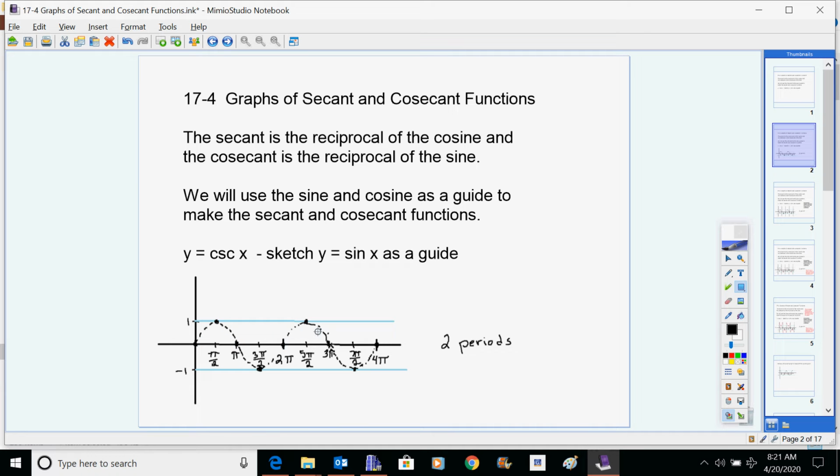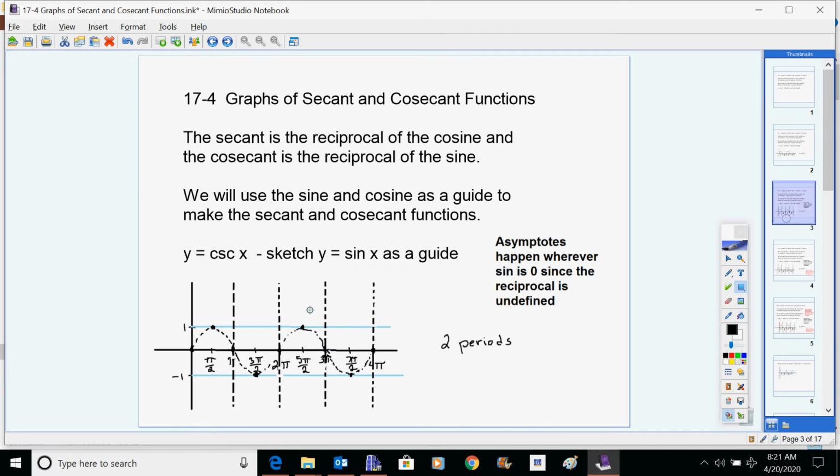And the asymptotes are going to show up anywhere the sine graph was 0, because the reciprocal of 0 over anything gives you undefined. So what you do is you throw in the asymptotes, because of that whole idea of the reciprocal of the sine.